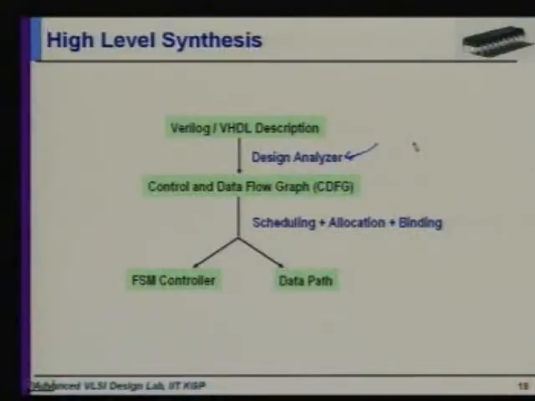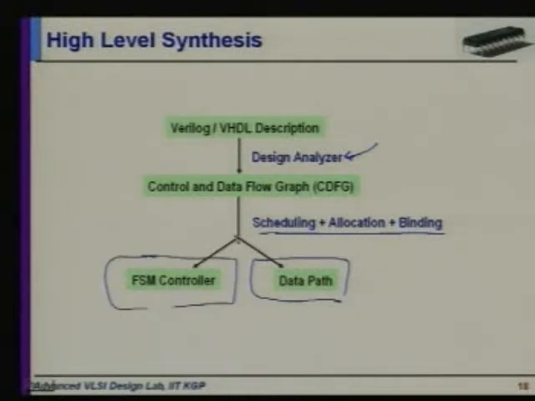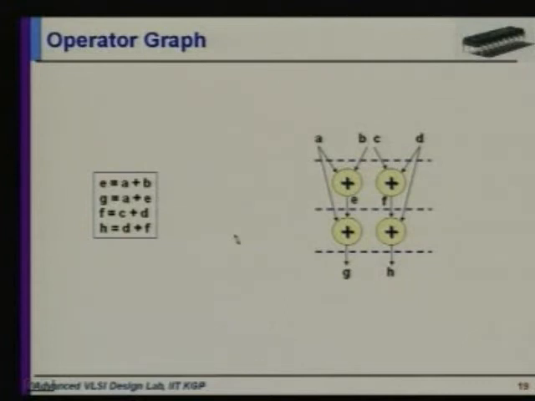That graph is then used to do the scheduling, allocation and binding, which are the main steps of high level synthesis. The outcome is the data path, which talks about the way the data is flowing through the registers and the combinational logic, and the controller, which actually controls the data flow through that data path.